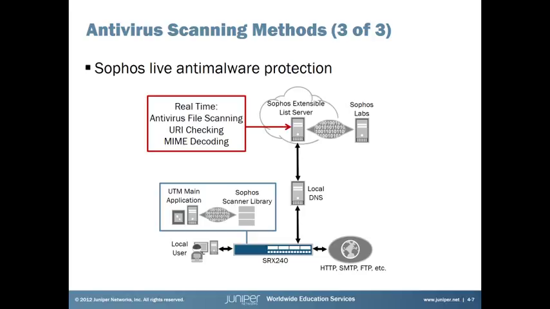It will access that list of signatures, check it, and scan against that list. Okay, so that's another method of malware protection. So you do get a choice as to whether you want to go with this method, or with full file-based, or with express scan.